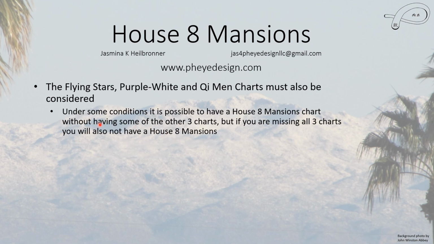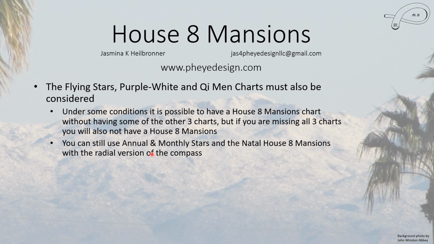Now, there are some conditions where it's possible to have a house 8 mansions without having some of these other 3 charts. But if you're missing all 3 charts, you also will not have a house 8 mansions. You can still have the natal house 8 mansions that's applied to everything, but you won't have an individual house 8 mansions that is for your particular house.